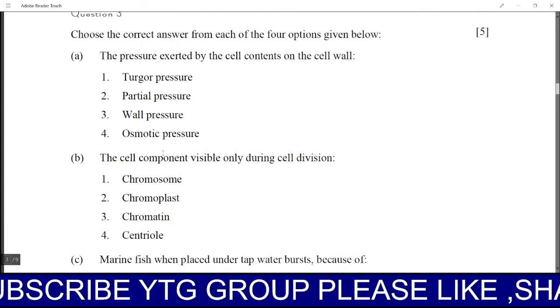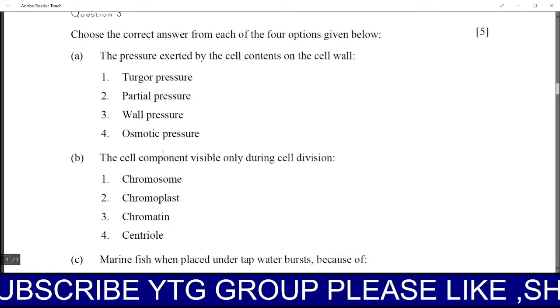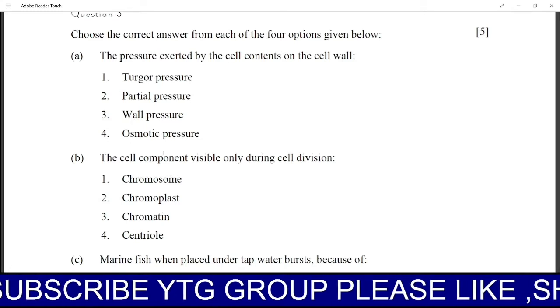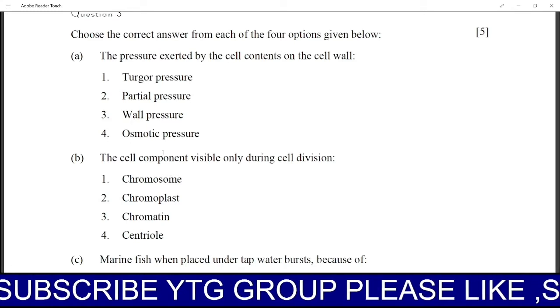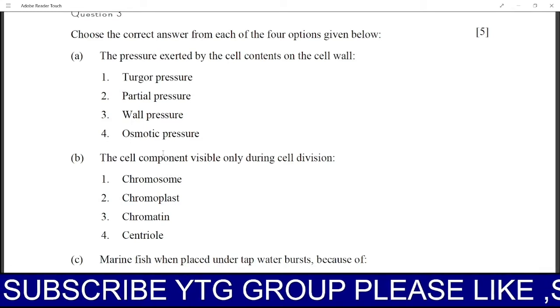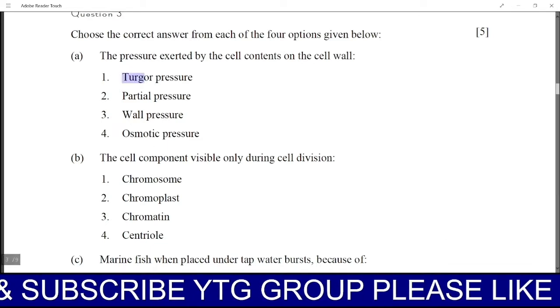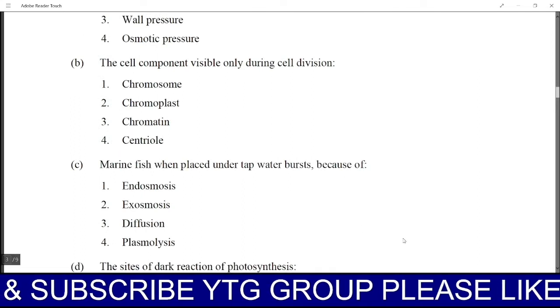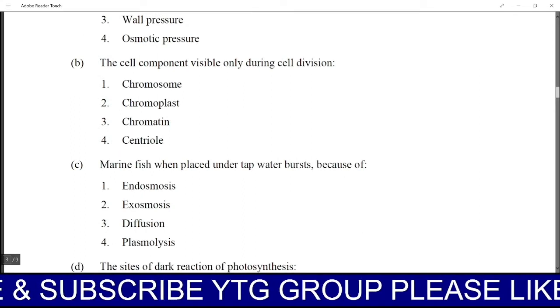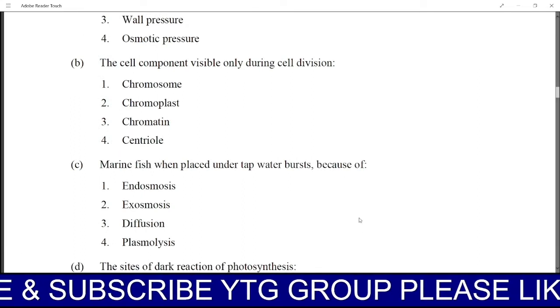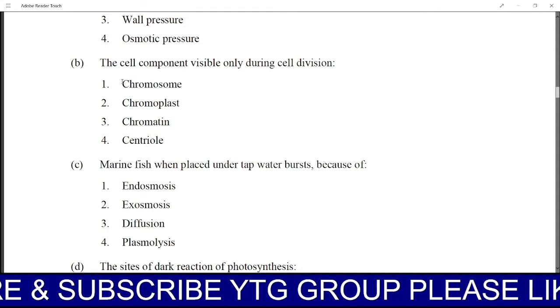Choose the correct answer from each of the following 4 options given below. The very first question: the pressure exerted by the cell content on the cell wall is known as turgor pressure. Now the second: the cell component visible only during cell division is known as chromosome.